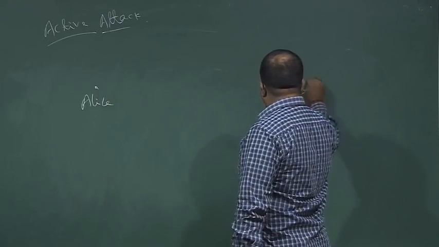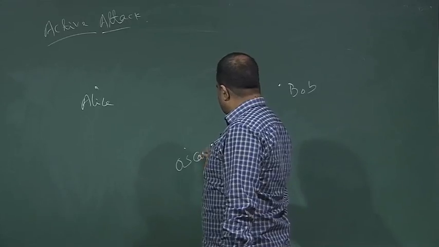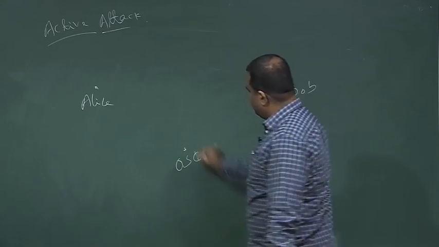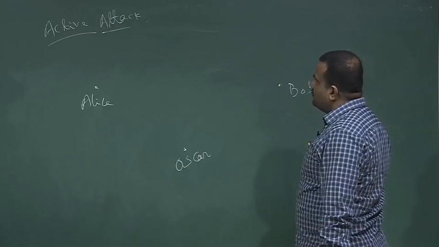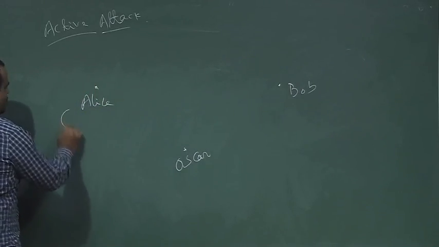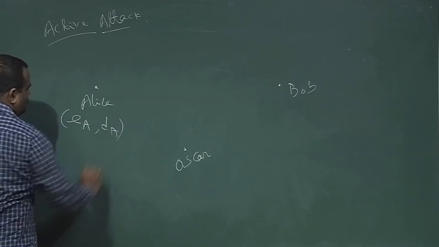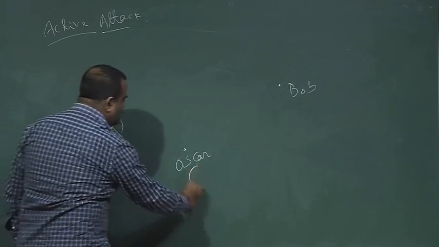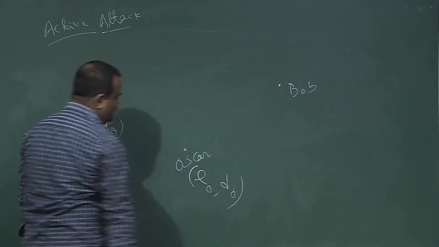Alice, Bob, and now we have a third party Oscar who is active over this public channel. So let us write the scheme. Alice is generating her key pair. Oscar is also generating his own public key, private key pair.